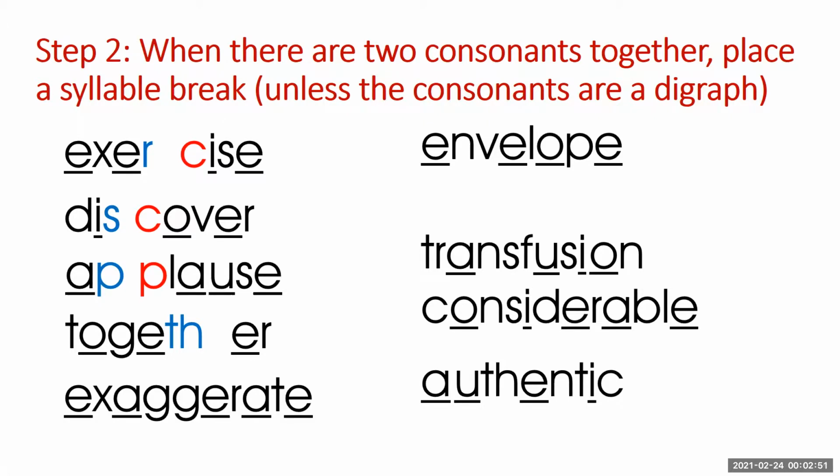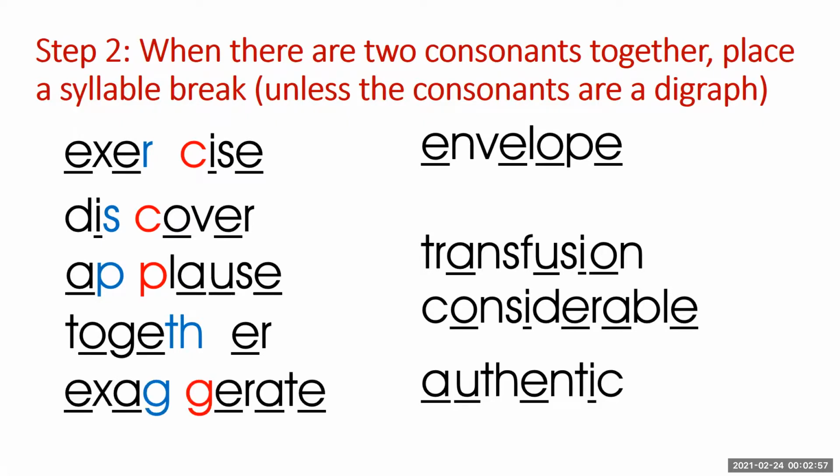And let's look at the word exaggerate, where you see a split, obviously between the two G's. Let's try the word envelope. The N and the V. Transfusion.